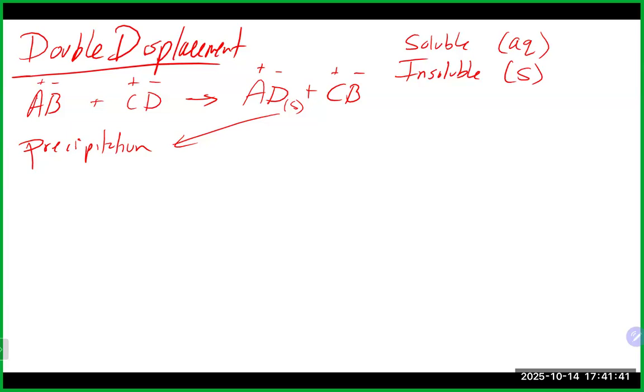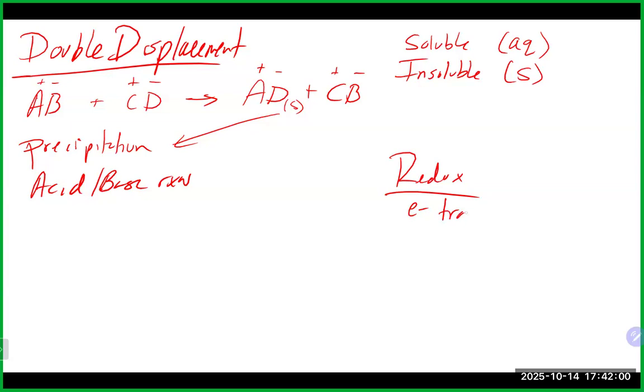As we'll talk about here today as well, acid-base reactions also fall under the more specific classification of double displacement. The other big category of reactions are redox reactions, and redox reactions basically involve electrons being transferred.